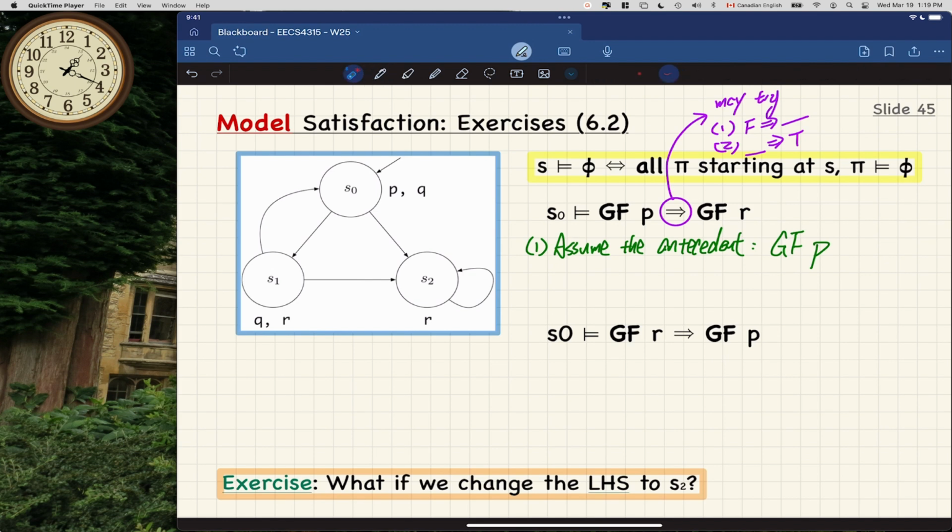So if I assume this particular property here, which path or paths should I consider? Infinitely often P. Only here, right?